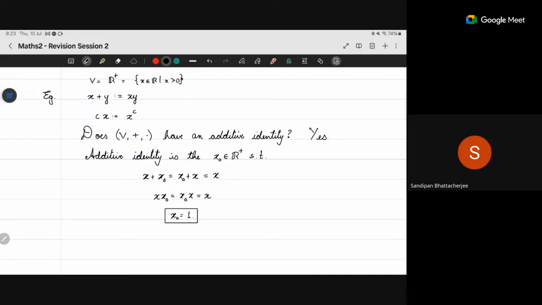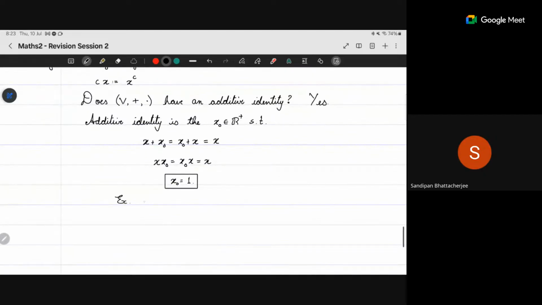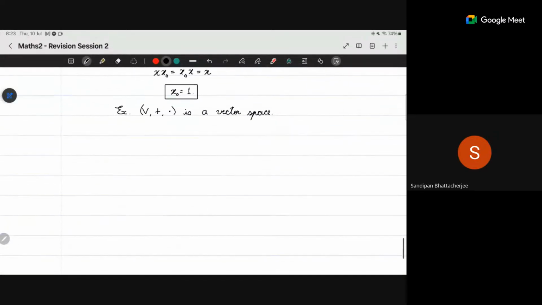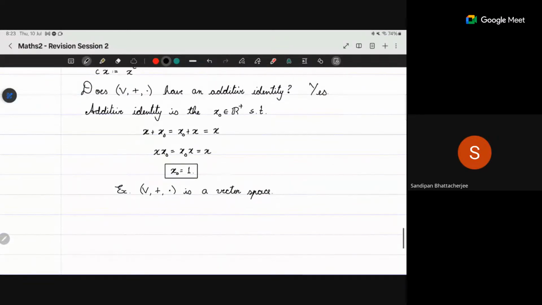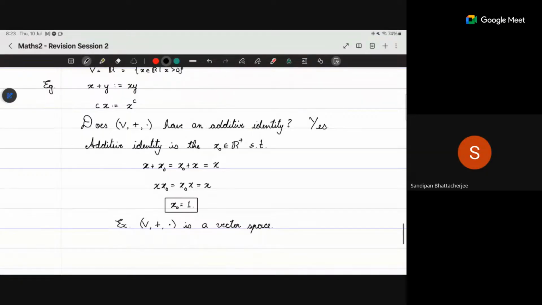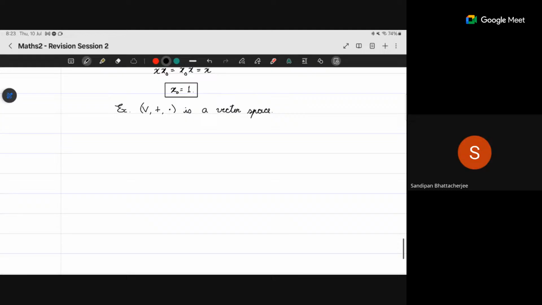And as an exercise, you can go and check that this is actually a vector space. This would be a good exercise for your understanding and dealing with abstract definition of plus and dot as opposed to the usual addition and multiplication.